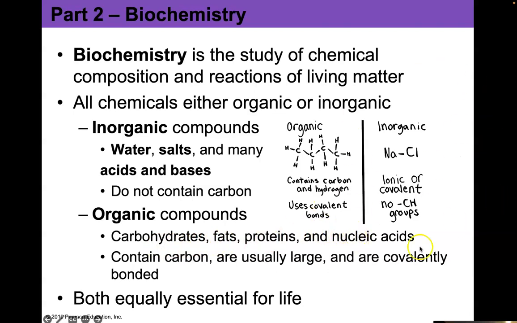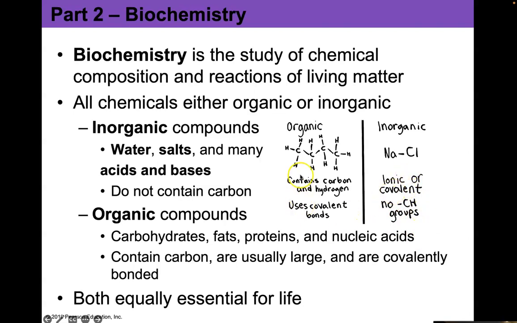Okay. Now our inorganic compounds are going to be things, again, that are ionic or covalent. It can be covalently bonded too. But if it's covalently bonded, there are no carbon hydrogen groups, okay? So again, it's inorganic if it has no carbon hydrogen groups. And if it's, again, ionic, or sometimes it can be covalent.